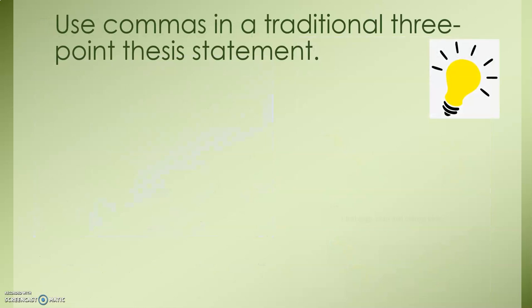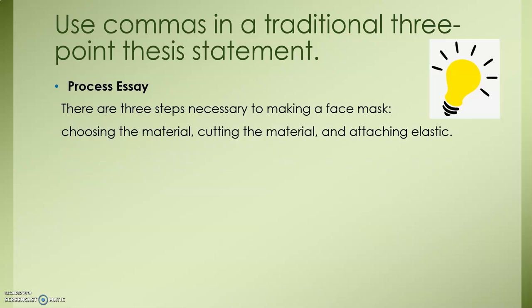Finally, on our last slide, let's look at how you'll use commas in your traditional 3-point thesis statement. So your 3-point thesis statements, as seen in this example for a process essay thesis statement, always have a claim and then 3 pieces of evidence separated by commas. Here we have our claim. There are 3 steps necessary to making a face mask.